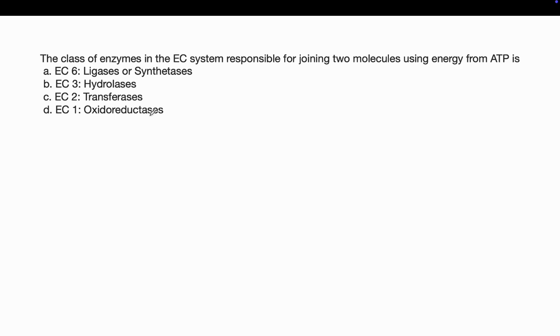Only one class of enzymes leads to the joining of two molecules, that is ligases or synthetases. Hydrolases again is breakdown, with the help of water. That's why the name hydrolases.